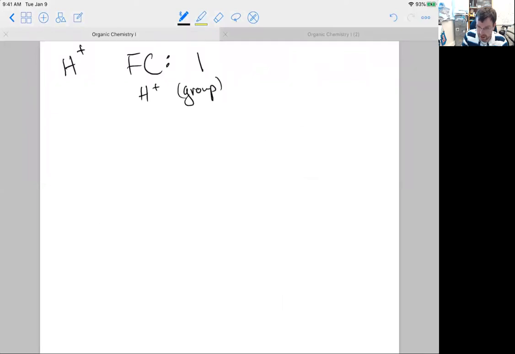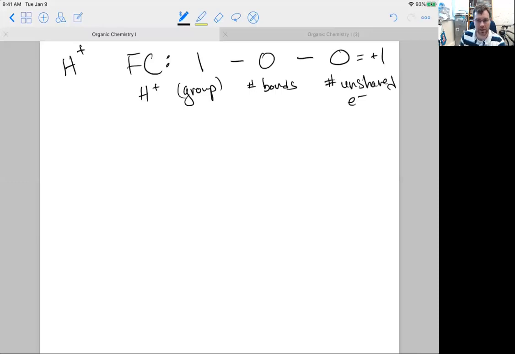If you notice, I keep writing group and number of bonds and number of unshared electrons, or non-bonding electrons. I keep writing that because it's so important. Okay, anyway, we have to know the formula. 1 minus 0, that's plus 1. That's just good to do at least once in our career.